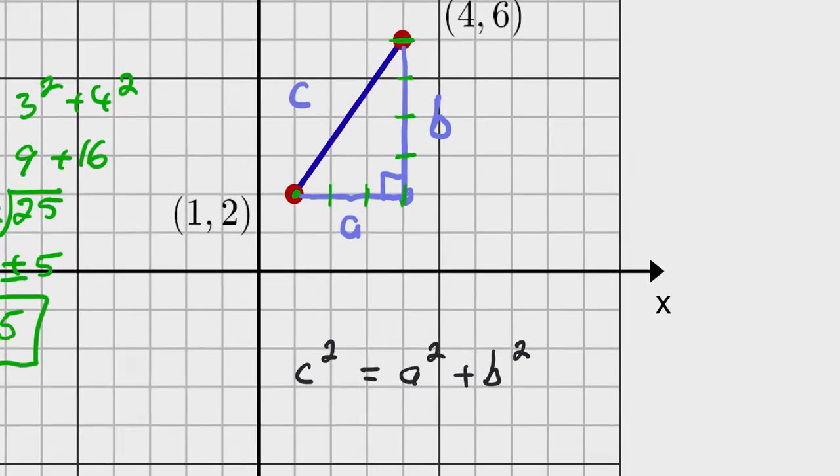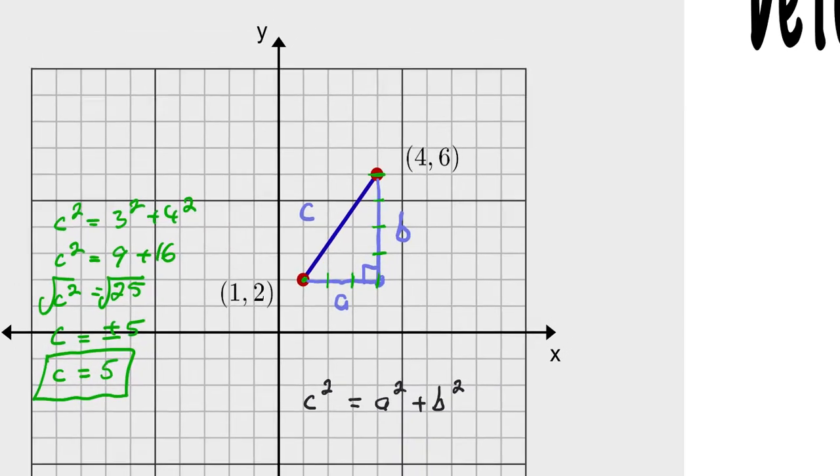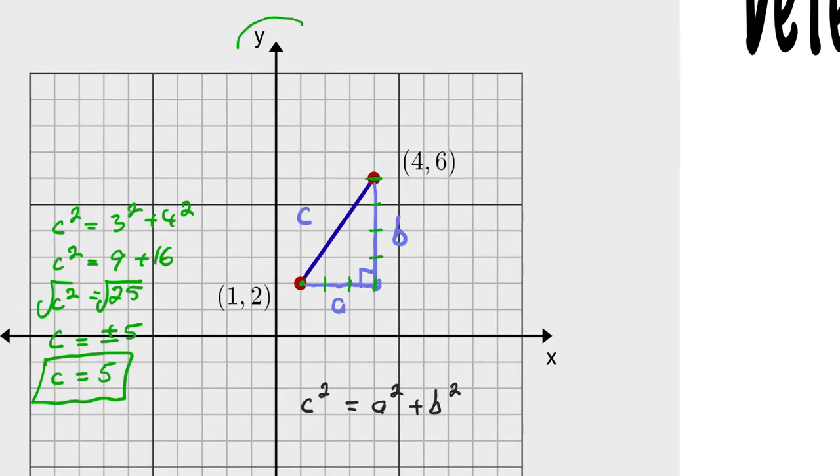Looking at B first, we can see that B is vertical, and our vertical axis is y. So the distance between the bottom here and our original point is the change of y. You take the top one and you subtract the bottom one. So b can be represented by the change of y, and change of y, if you remember from slope, is y2 minus y1.